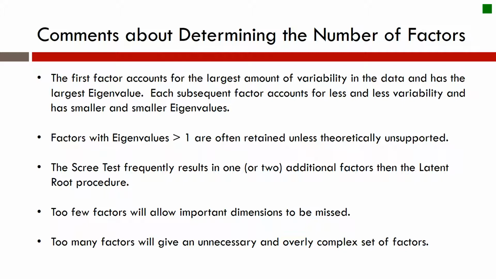Another rule here that's not necessarily listed is that for every factor, generally speaking, now this is not 100% of the time, but generally speaking, you want to have at least 3 variables that would load onto each factor.